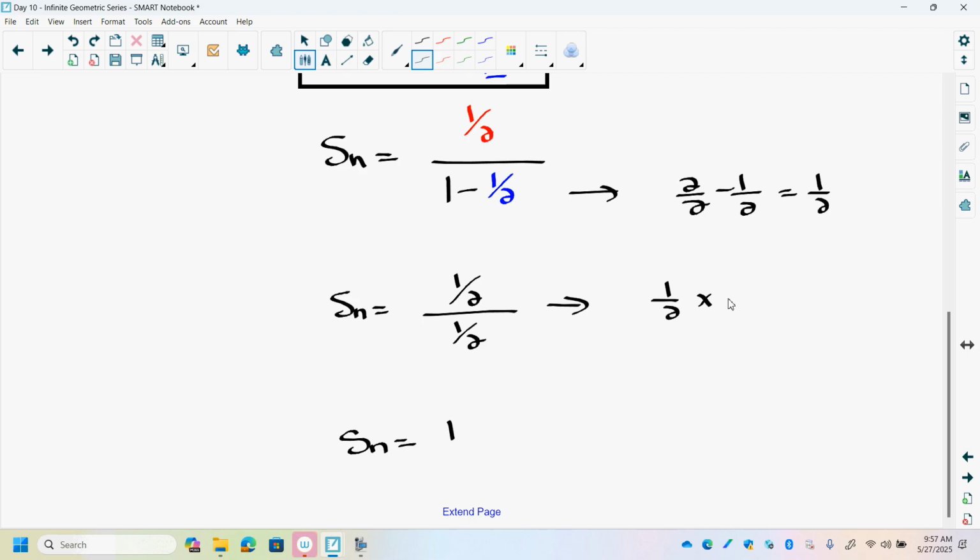Multiply by the reciprocal. What's the reciprocal of 1 over 2? 2 over 1. This would be 2 over 2, top by top, bottom by bottom, which is 1. Either way, I'm getting 1. So remember the rule. When you divide fractions, you keep, change, flip. So I keep the 1/2, change division to multiplication, flip the 1/2 to 2 over 1.